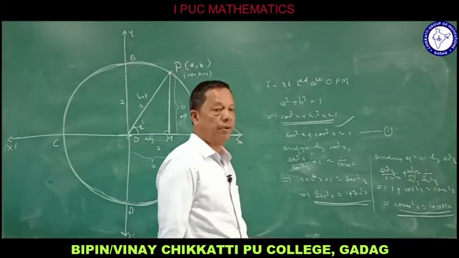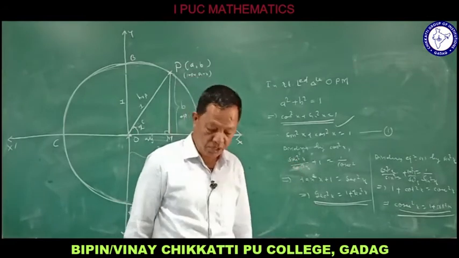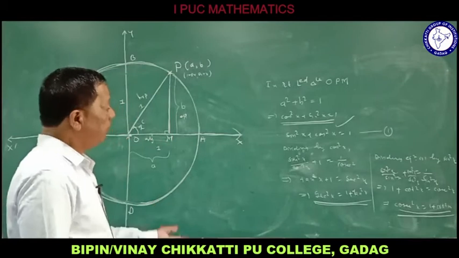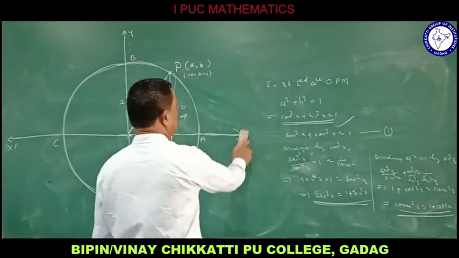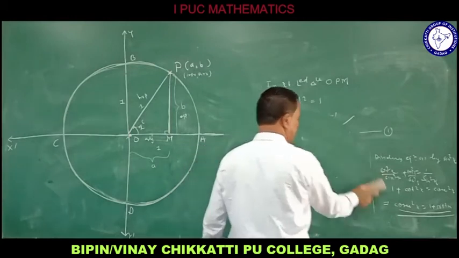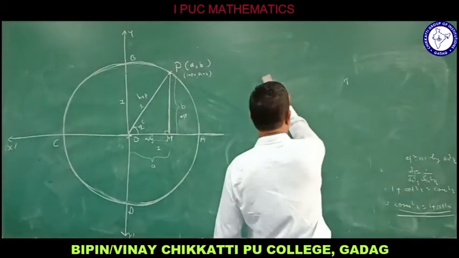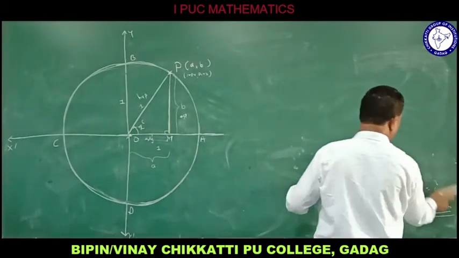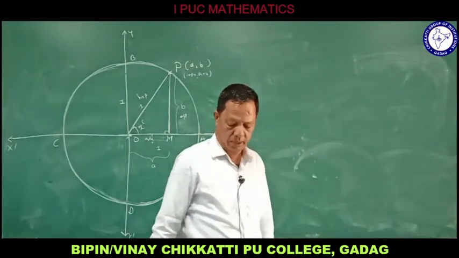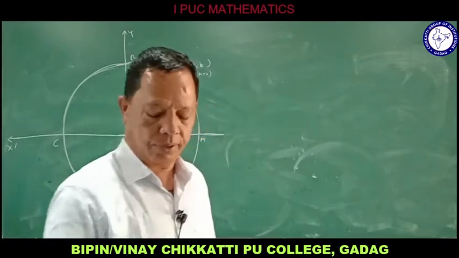But here I have not used opposite side, adjacent side, hypotenuse anywhere. Without using that, I have explained these identities. Now I am going to explain the quadrant angles.